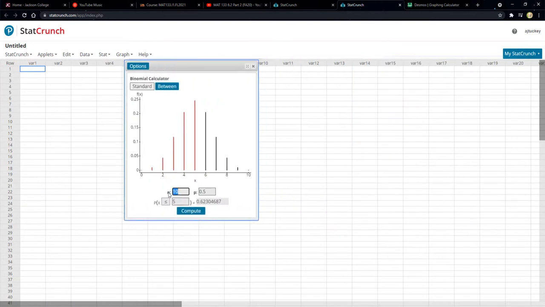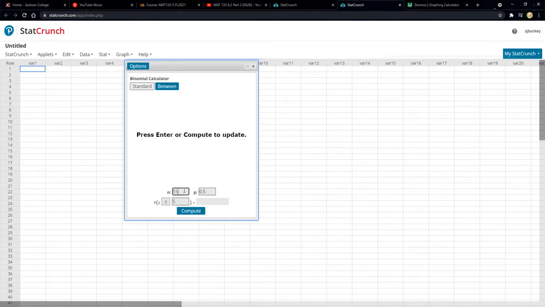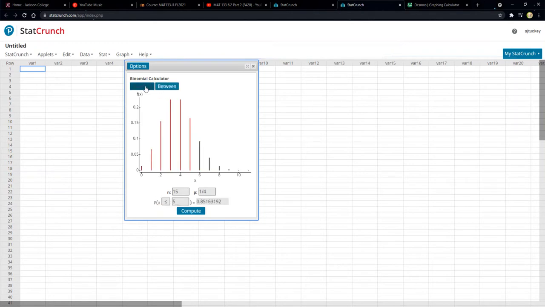Okay, so up here in this little slot, we can type in our n, and our n in this problem was 15. And our probability of success was 1/4, 1 divided by 4. Then I can tell it whether I want a standard one, which it is right now because it's gray, or a between one. I actually want a standard one, so I'm going to stick with that.